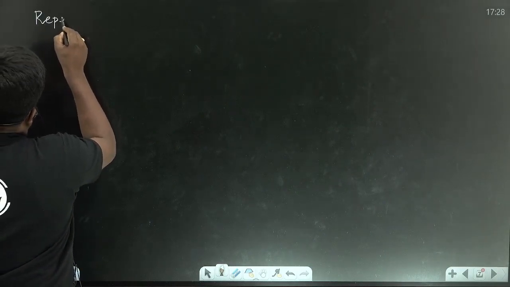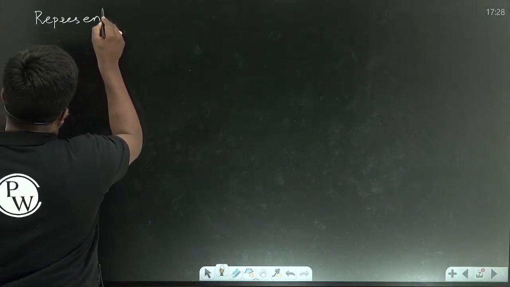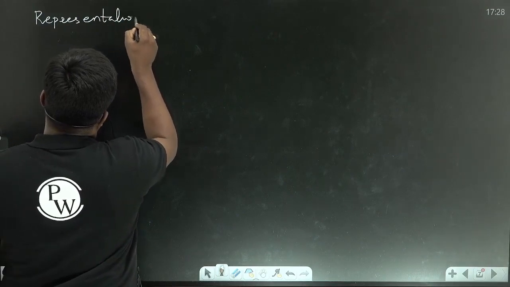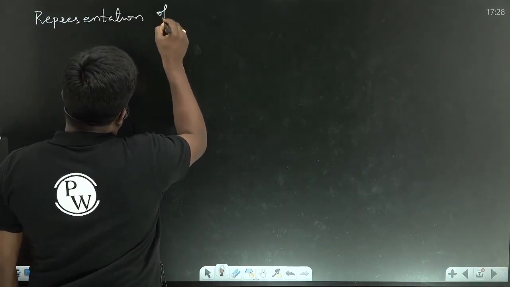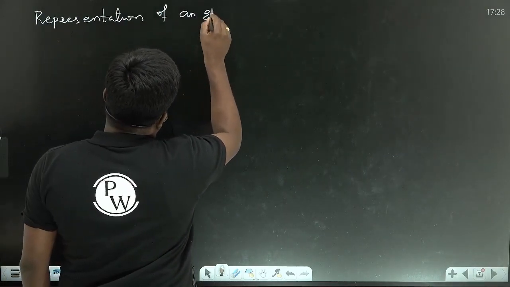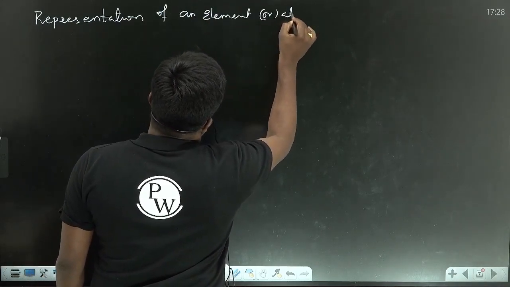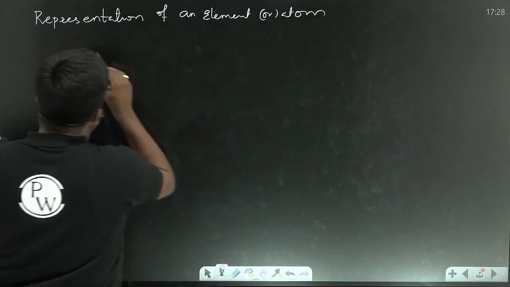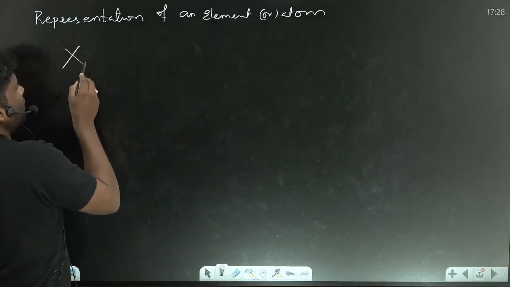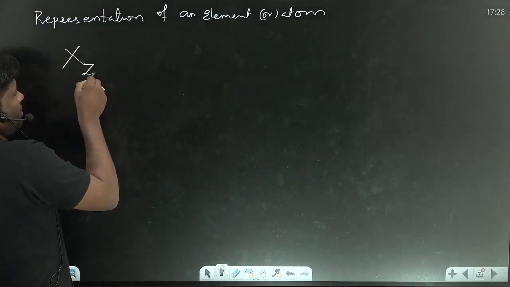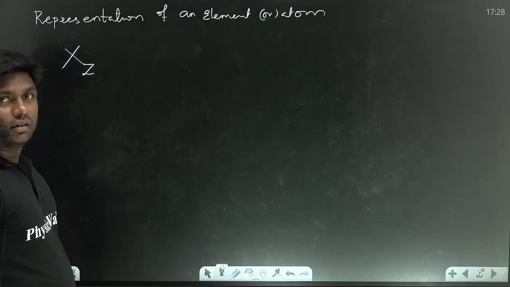Representation of an element or atom. If X is an element or atom, we will be writing always atomic number as subscript, understand?